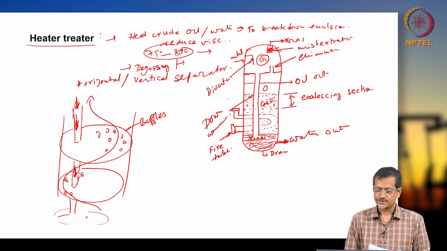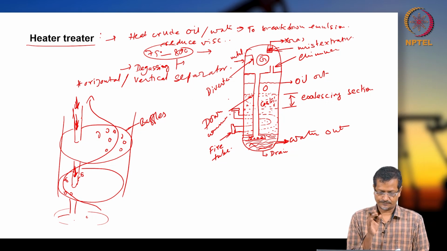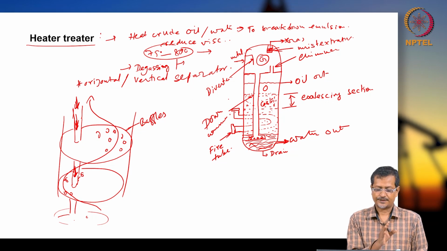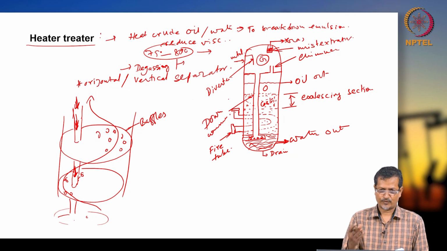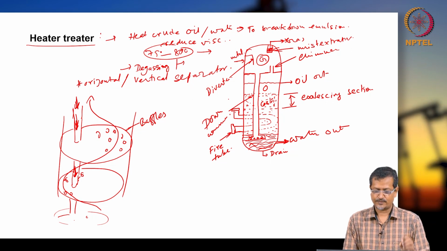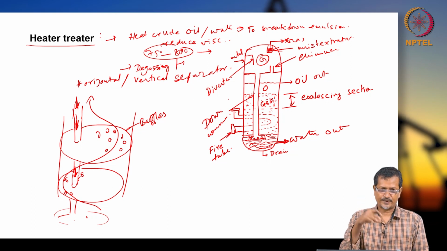Now, if we have a larger amount of gas, when you are using a heater-treater it should have a lower amount of gas. If you have a larger amount of gas and you are heating, a large number of gas bubbles will come out. When bubbles are coming, there will be lots of turbulence, and it will hinder your separation.